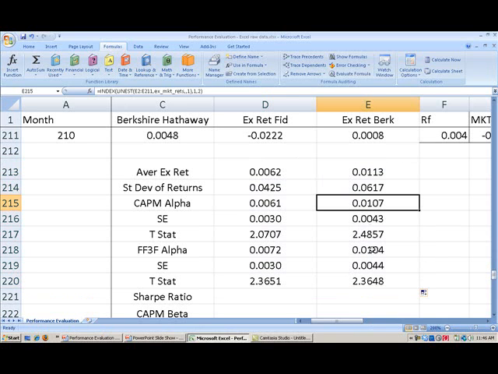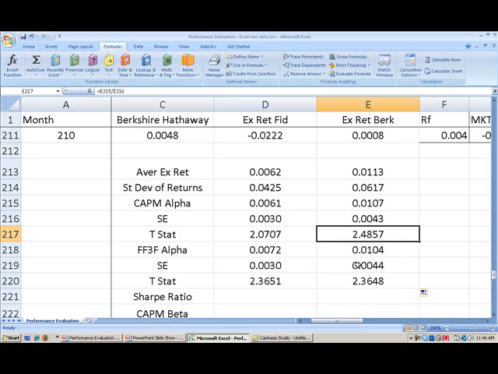We see that Berkshire Hathaway also seem to be earning significant abnormal returns. The t-statistics are greater than 2, whether we're using the CAPM or the three-factor model. So for both these funds, there is evidence of statistically significant abnormal returns.